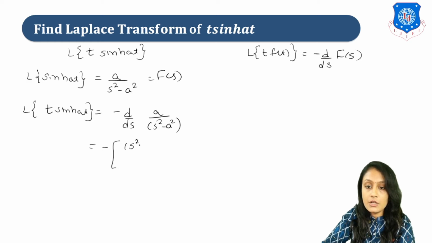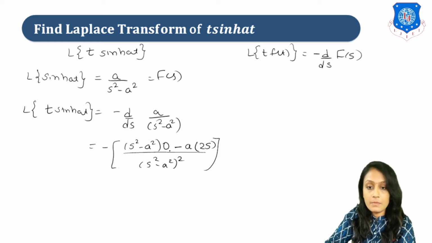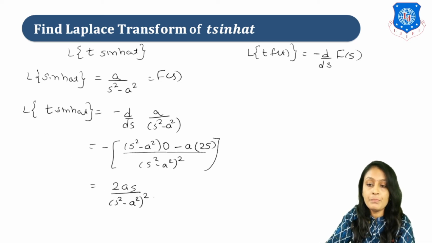Denominator as it is, derivative of numerator, differentiating with respect to s, is 0, minus numerator as it is, derivative of denominator is 2s, upon denominator square, so s square minus a square whole square. Now this term is 0. Here this minus and minus will become plus, so we have 2as upon s square minus a square whole square. This is the answer of the Laplace transform of t sinh at.